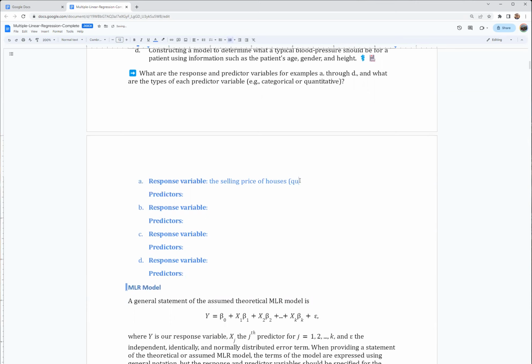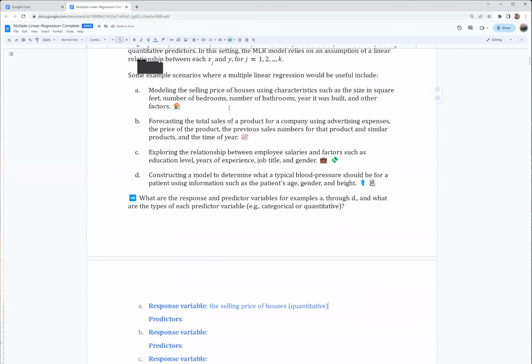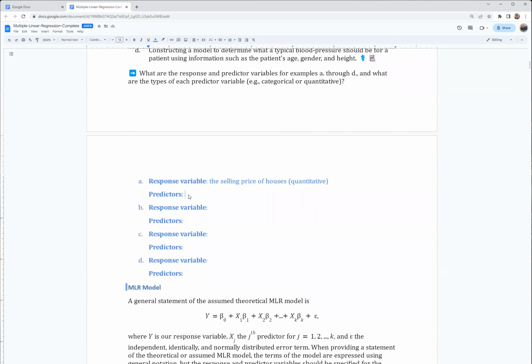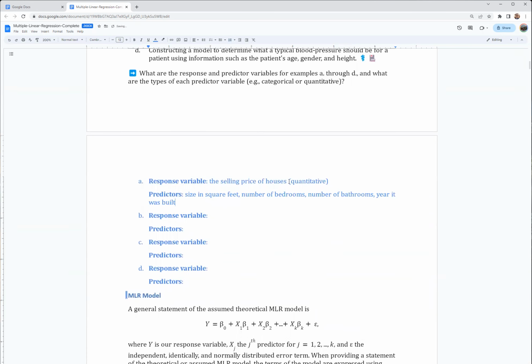And we'll just put in parentheses quantitative. And then what are our predictors in this case? So we've got size in square feet, number of bedrooms, number of bathrooms, year the house was built. And it said other factors, so we'll ignore the other factors here. So size in square feet, number of bedrooms, number of bathrooms, and the year each house was built are all quantitative variables.